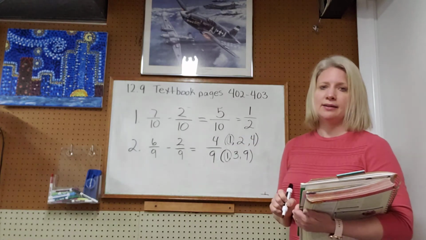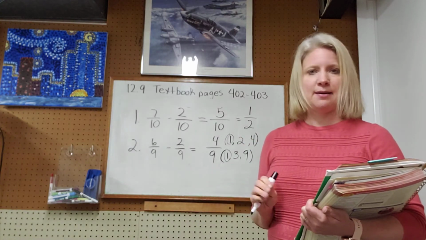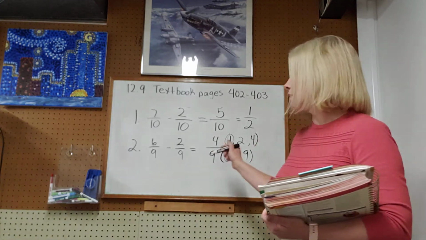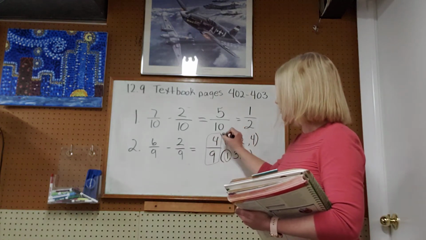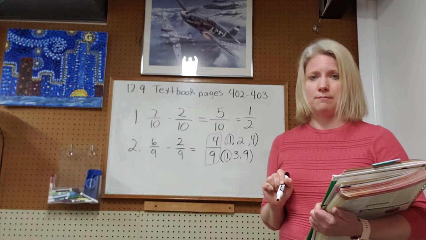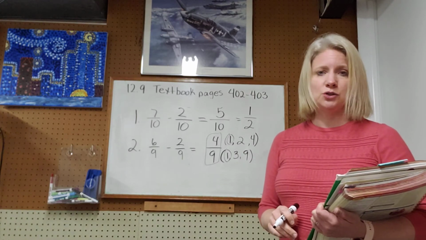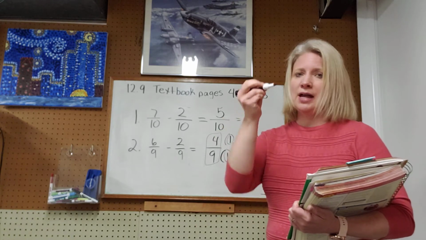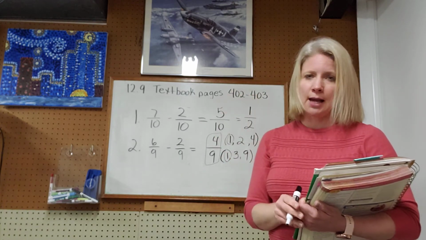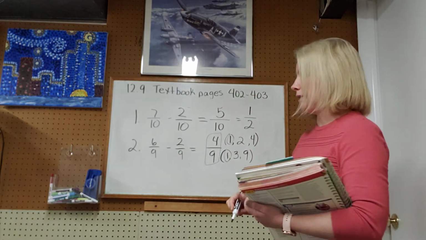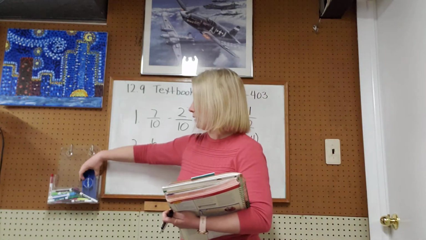And if you divided them by 1, it would be the same answer. So 4/9 is already in the simplest form. If you were to look on the fraction strips, you couldn't find one that would be the same exact amount as 4/9. Okay, let's move on.